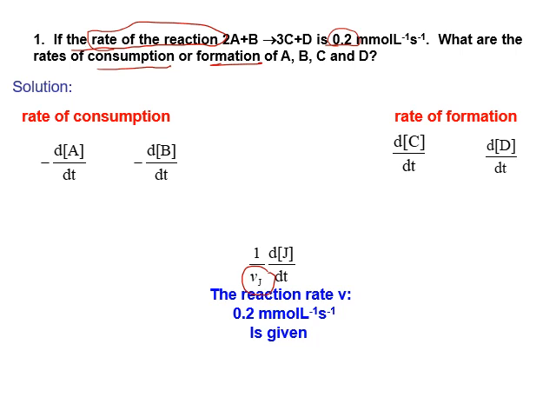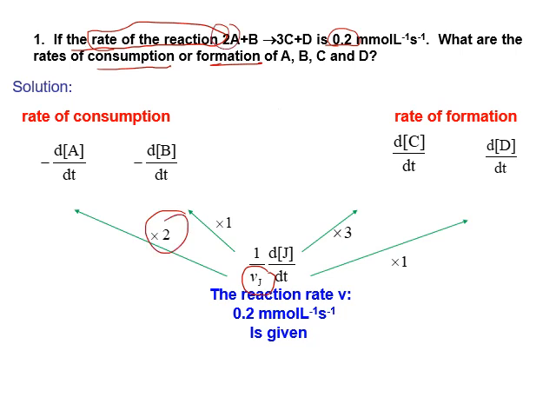On the other hand, using the rate of reaction, how do you calculate individual rates? You multiply by the coefficient. So for A, you multiply by 2, because here the coefficient is 2. B is 1, and for C you multiply by 3.